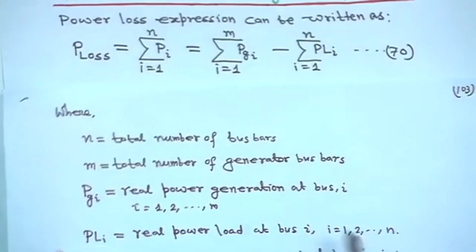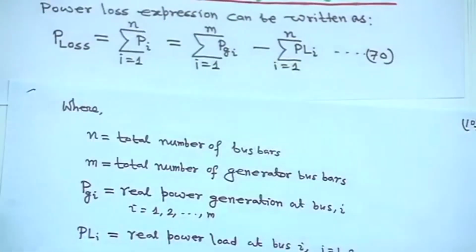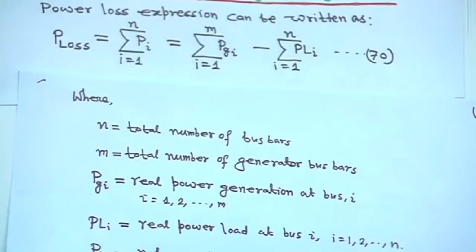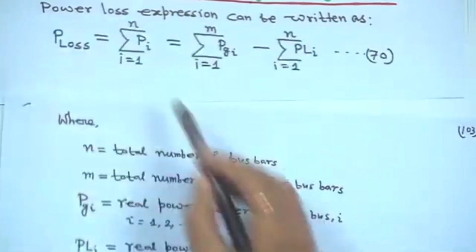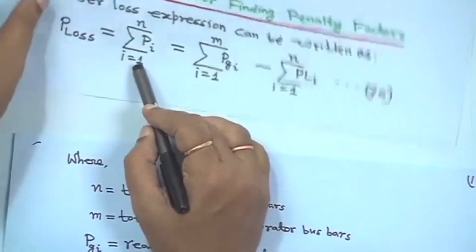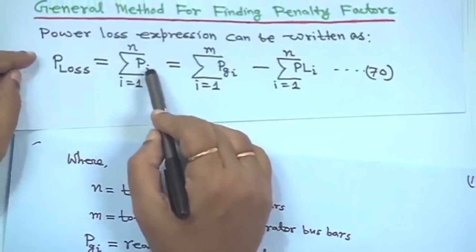So, if we expand this equation, we can write P loss is equal to P 1 plus P 2 up to P n.